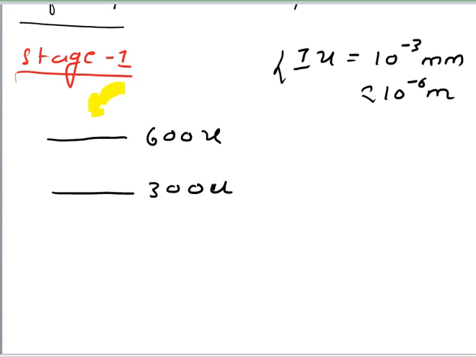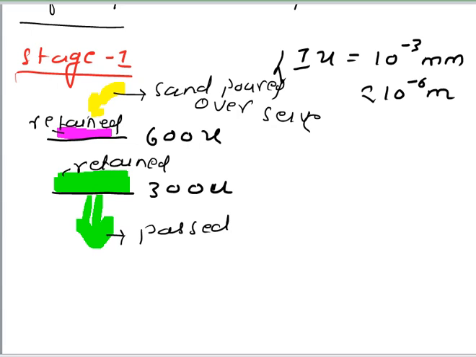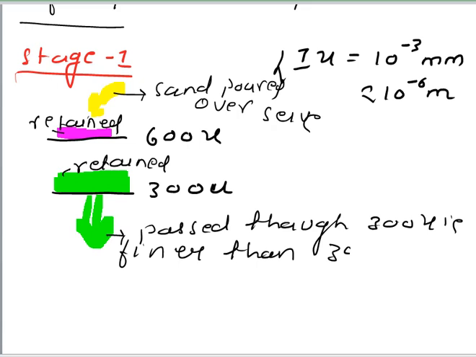So there will be two cases. Some sand will be retained over the 600 micron sieve, some will be retained over the 300 micron sieve, and some will pass through the 300 micron sieve, that is finer than 300 micron.